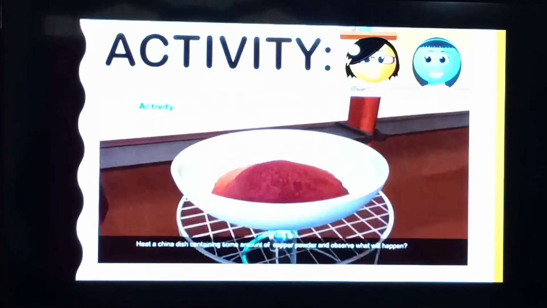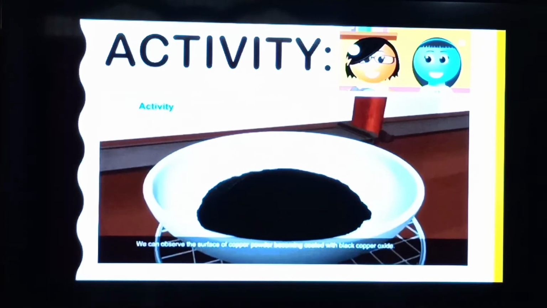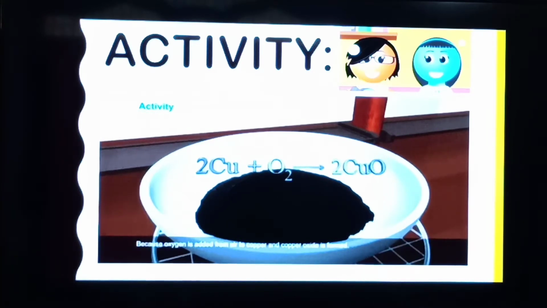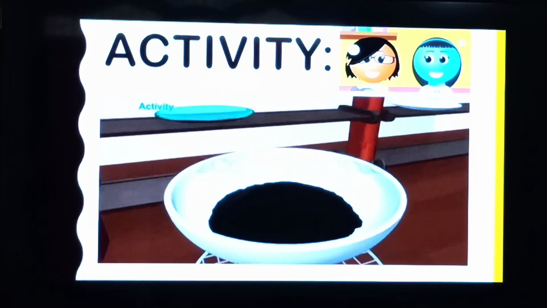Observe what will happen. We can observe the surface of the copper powder becoming coated with black copper oxide, because oxygen is added from air to copper and copper oxide is formed. 2Cu plus O2 gives 2CuO.